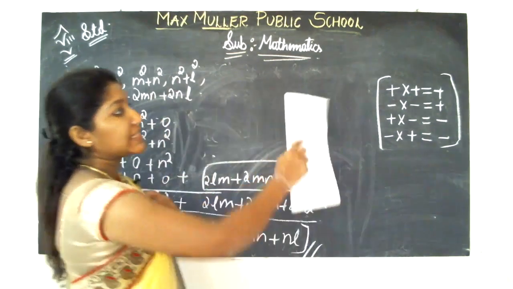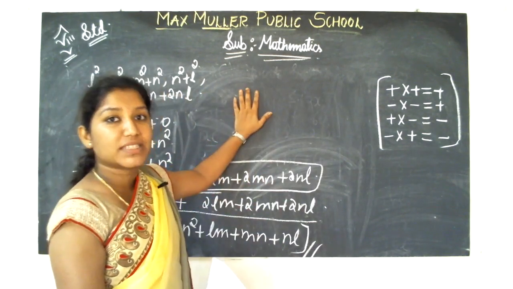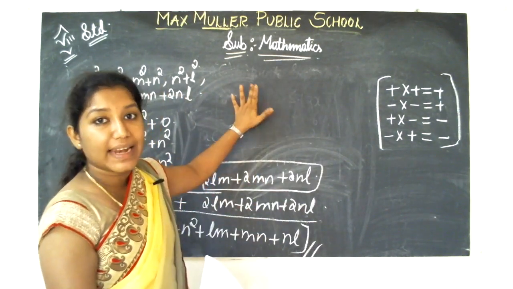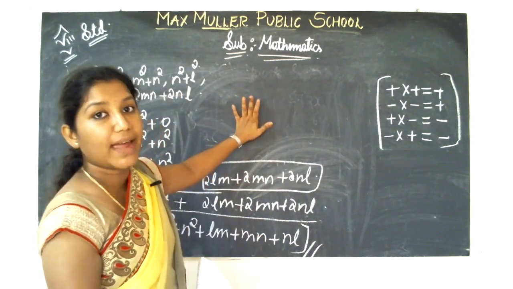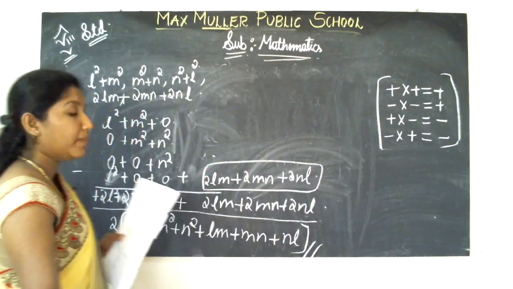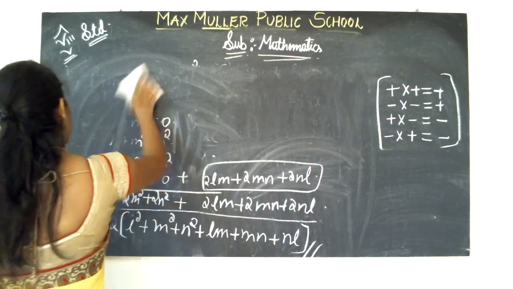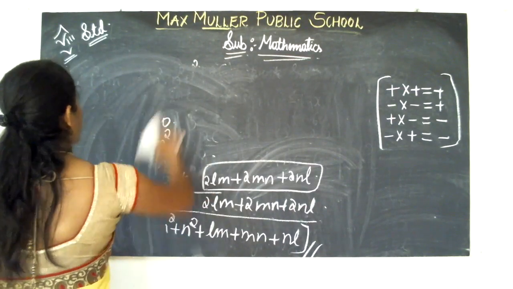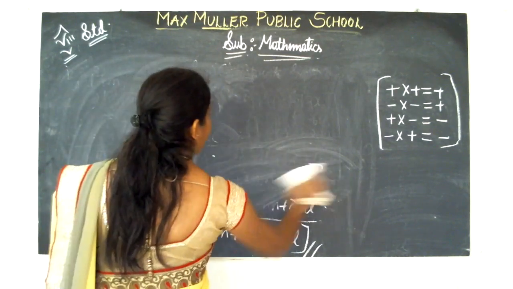If you know the signs properly and apply the like terms correctly, then you can do the problem better, and there will be no mistake while solving. Understood? Now you will learn the new topic, that is subtraction. How to do subtraction under algebraic expressions.